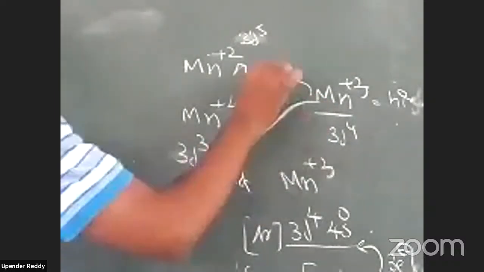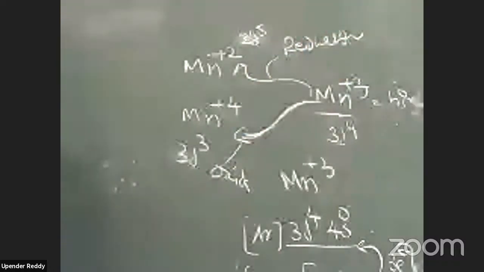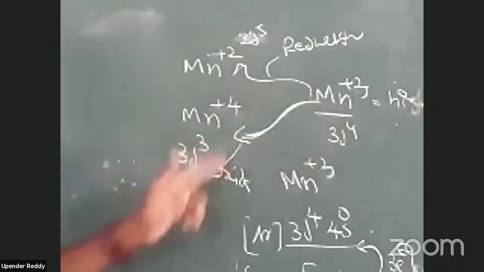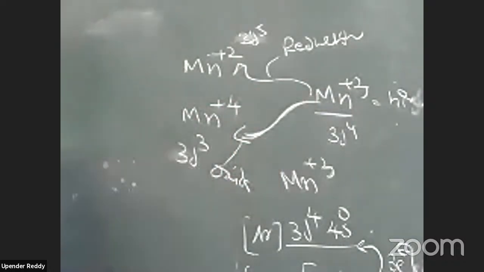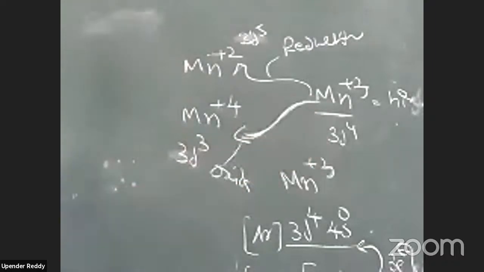It is called reduction. By reducing Mn plus 3, we get Mn plus 2. By oxidizing Mn plus 3, we get Mn plus 4. But which is more stable out of these two? Mn plus 2 is more stable. Hence, Mn plus 3 acts mostly as a reducing agent rather than an oxidizing agent.